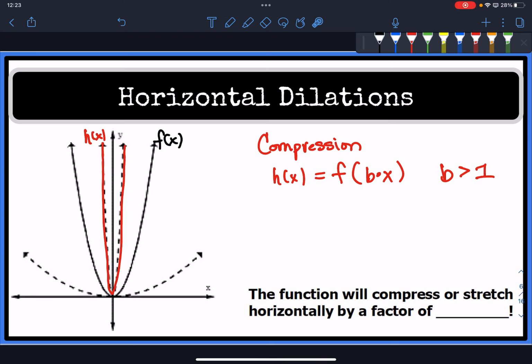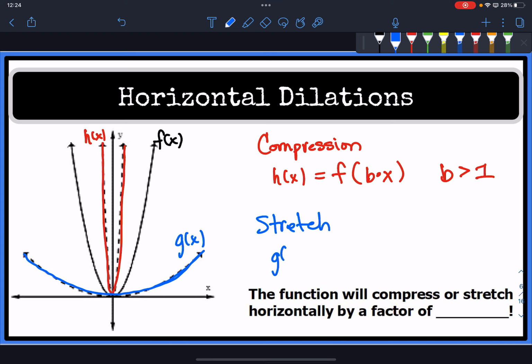But we don't call that a stretch. We call that a horizontal compression with that number in there. So in order to stretch the graph horizontally, pulling these values outwards, and get this wider graph, we'll call that g of x.